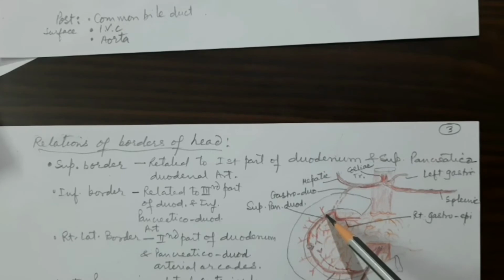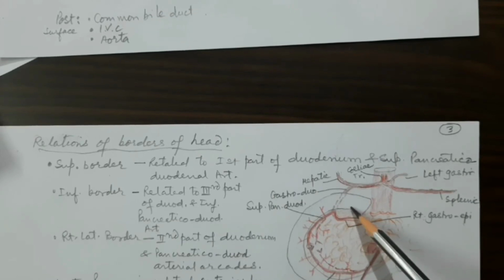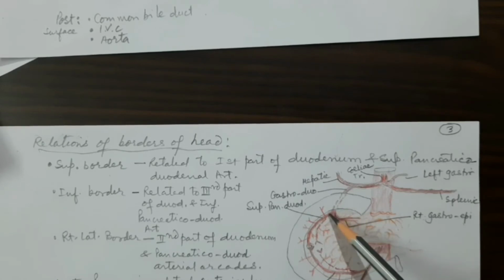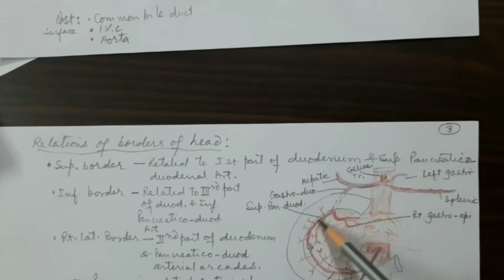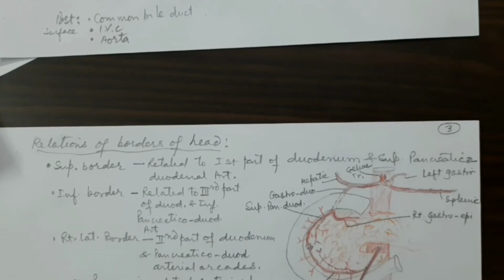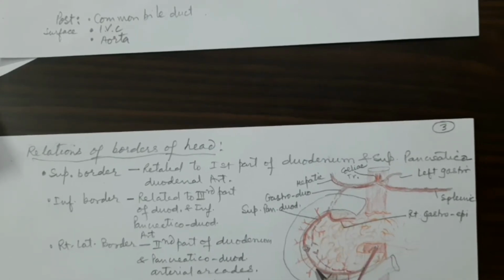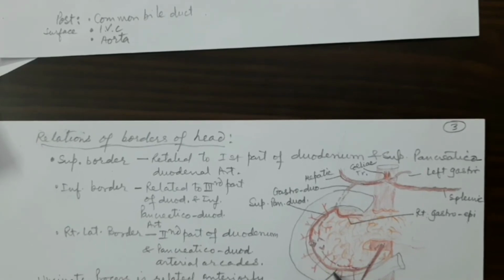Now these structures are in relation to the superior border. What was the relation? The head of the pancreas is related to the first part of the duodenum and then the superior pancreatico-duodenal artery. Then we come to the inferior border of the head of the pancreas.